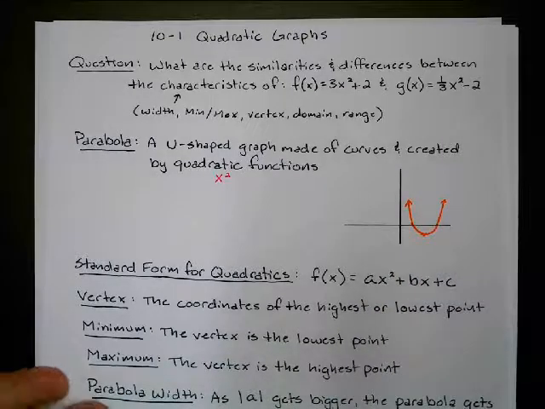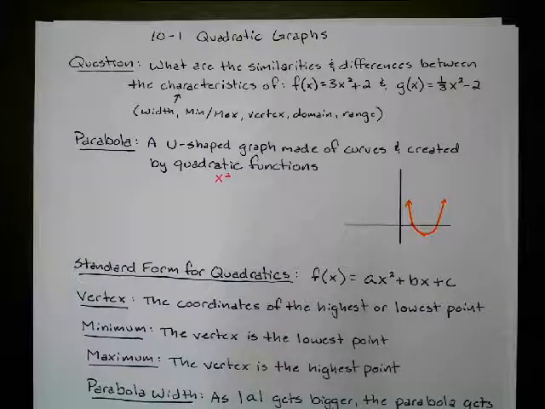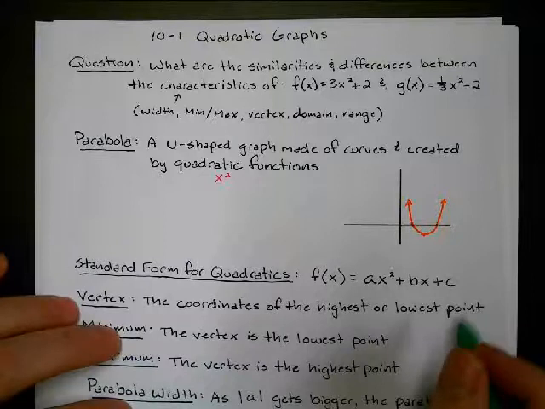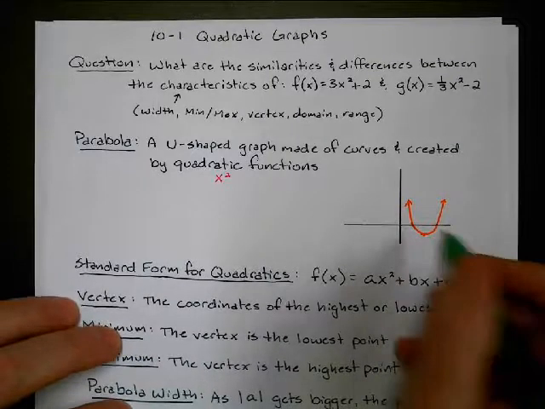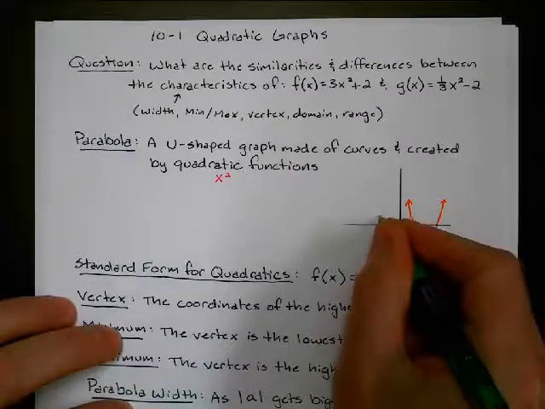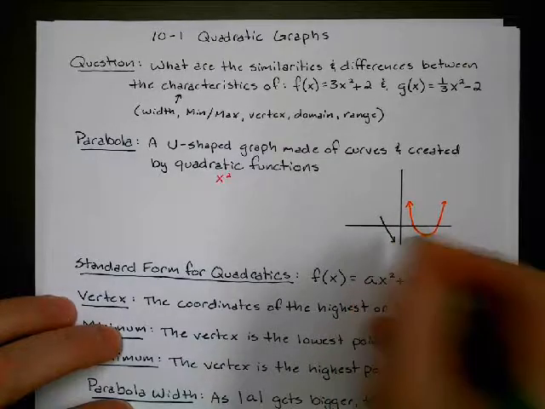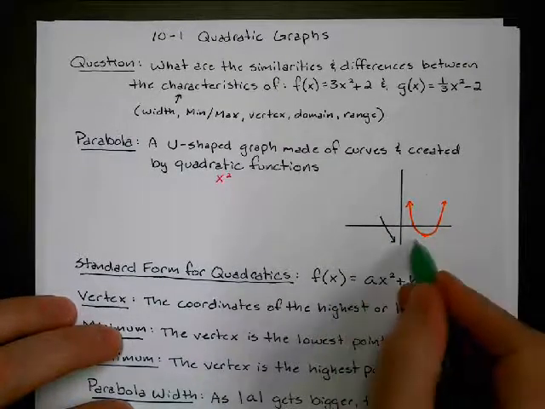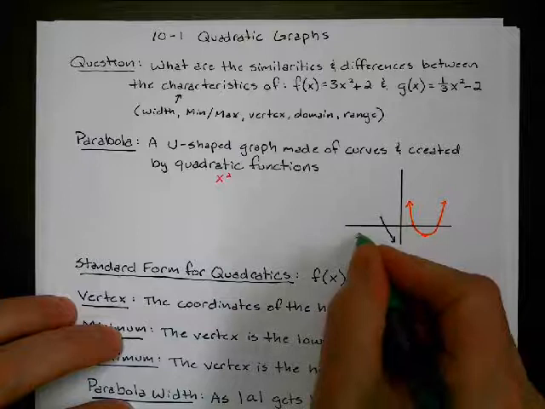And this graph is special in a few ways. Number one, when we did linear equations, they either always increased or always decreased. On this one, it's decreasing over here. So on this side of the graph, it decreases.